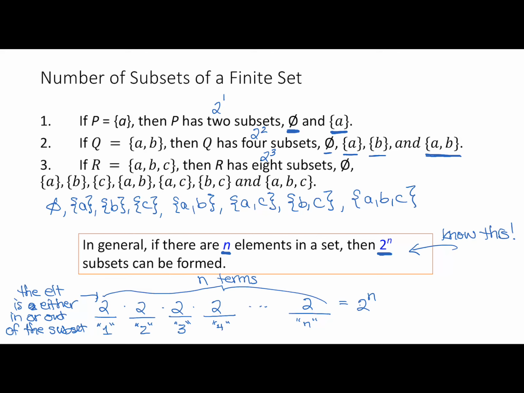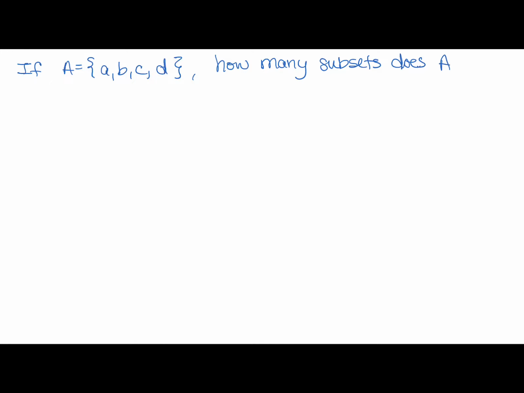Okay, so for example, if a set has 4 elements, how many subsets will it have? So if A is the set A, B, C, D, which has 4 elements, how many subsets does A have? Now, if I'm just asking you for how many subsets, you don't have to list them all out.